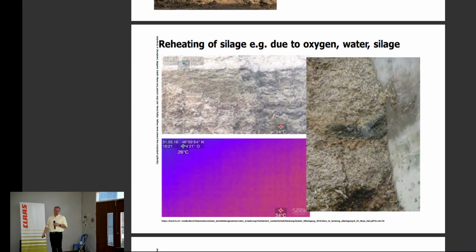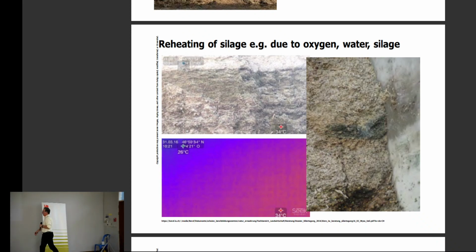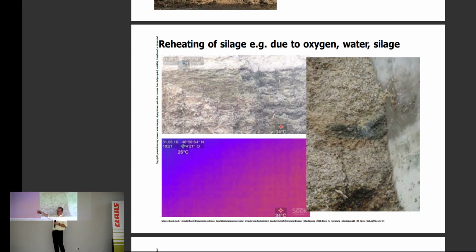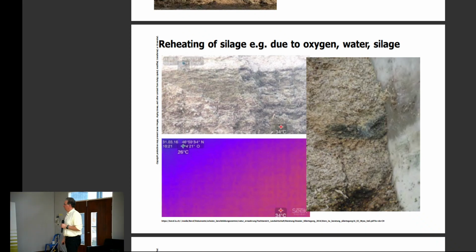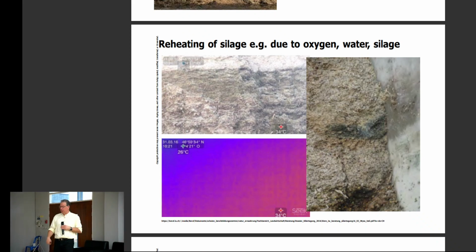You see the picture of a thermal camera. You can easily see the temperatures here are much higher, nearly 10 degrees higher than on the other side. So of course you get preheating. Preheating means losses. So that shows you hopefully quite clearly why it is so important to do this kind of compaction.